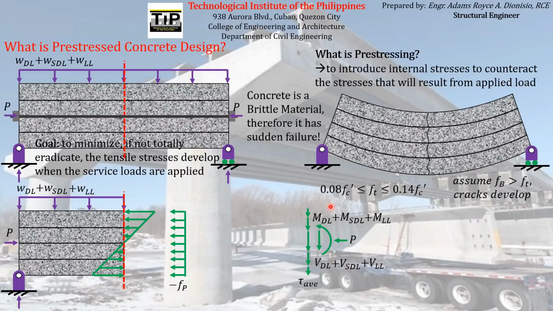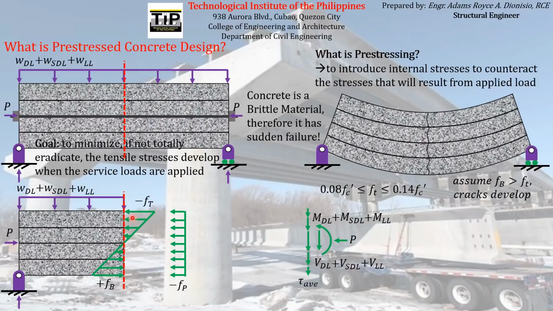So again, you can see that the bending moment increases, so there will be again a corresponding increase in these flexural stresses. So again, just like before, let's just call those flexural stresses resulting from the dead load, superimposed dead load, and live load f sub T for the topmost fiber and f sub B for the bottommost fiber. So these stresses are just the same as in the previous example.